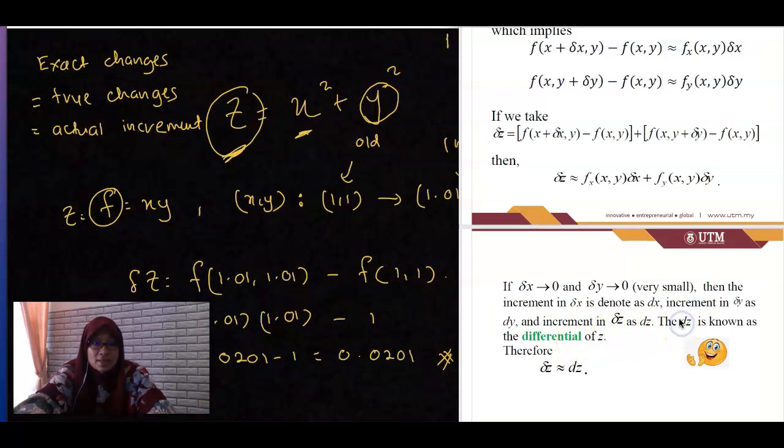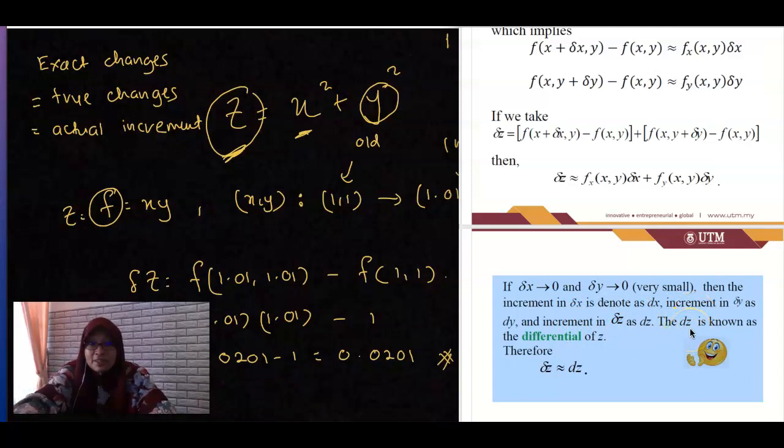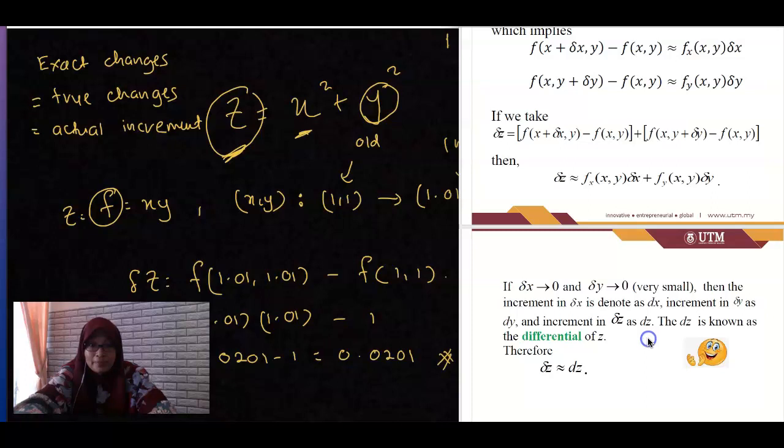So dz here is called differential of z, not the exact change of z, but we assume that if the changes of x and y are very, very small, we can have dz, not delta z, where delta z is the true change, right? The true change can be approximated by dz, which is the differential of z.